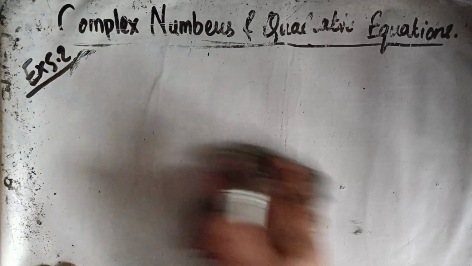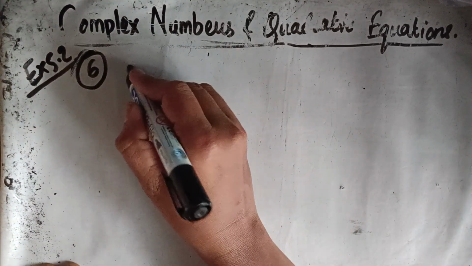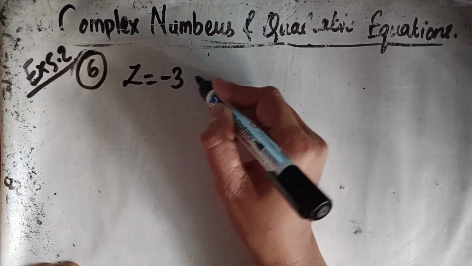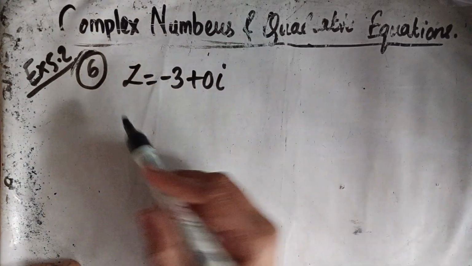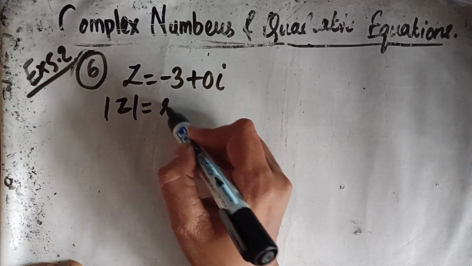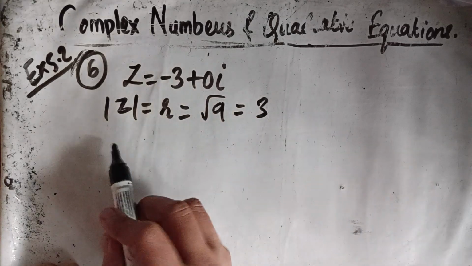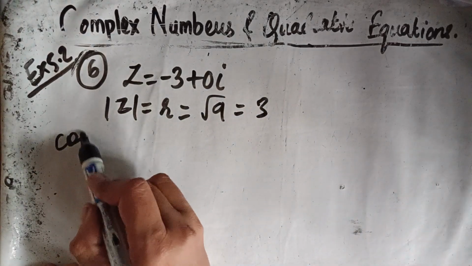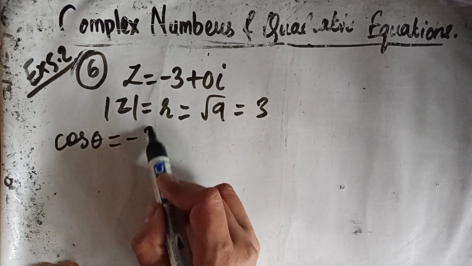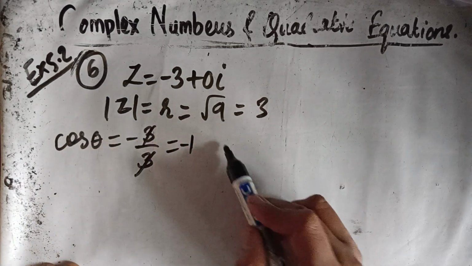Sixth question, minus 3. Minus 3 means this is minus 3 plus 0 i. Mod z, which is r, is root 9, that is 3. Cos theta is minus 3 upon 3, so this is minus 1.